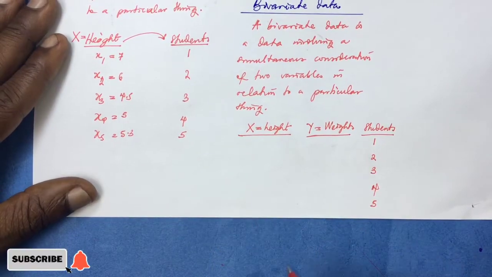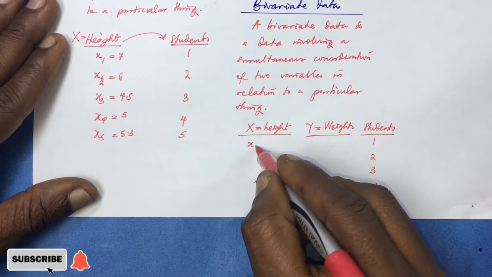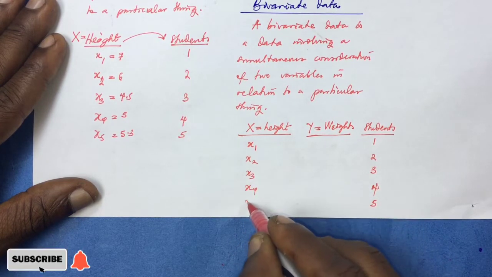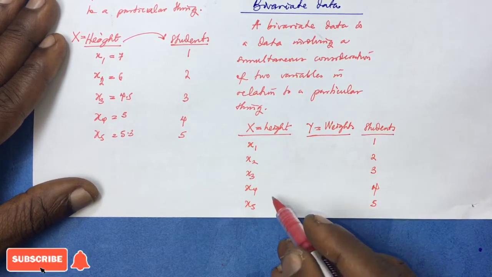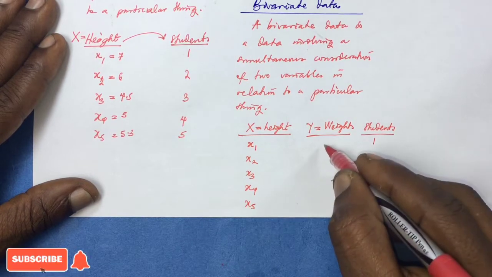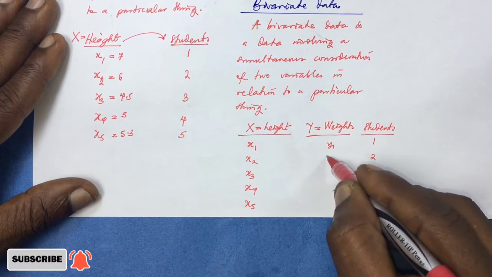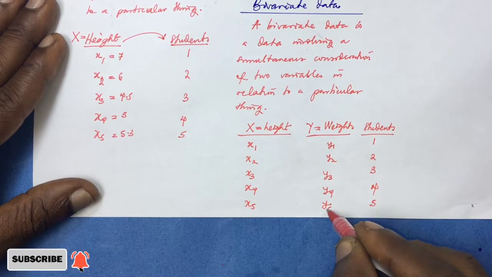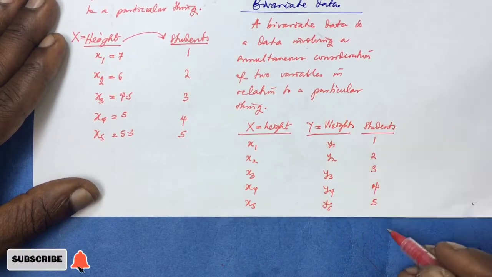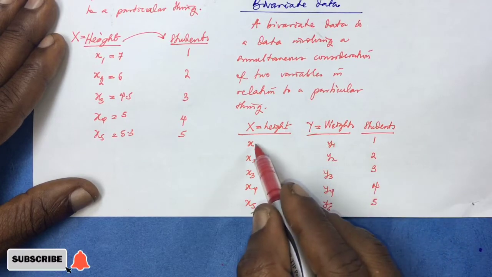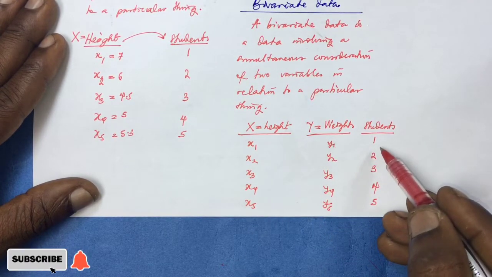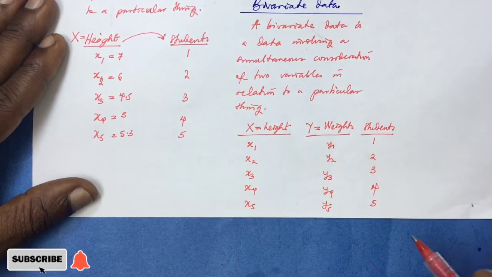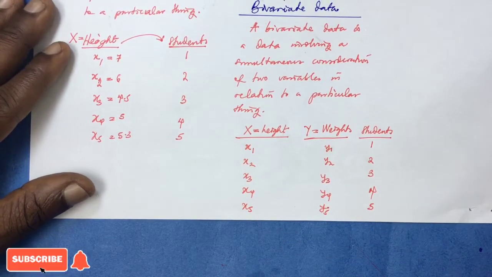Then you could have x1, x2, x3, x4, and x5 as the different heights for each of these boys, and y1, y2, y3, y4, and y5 representing the weights of these 5 students. So when you consider the height and weight of all of them in relation to students, then you are talking about a bivariate data.